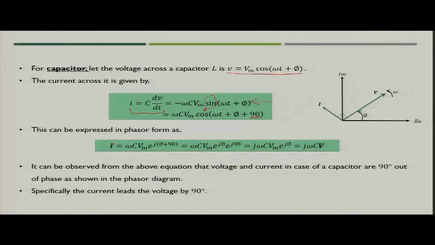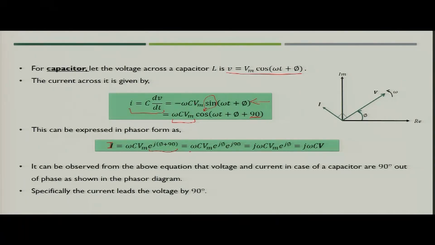Let us say that a phasor for current I is I in bold, and omega C V m is the constant term, then cos omega t plus phi plus 90 can be represented in Euler form as e to the power j phi plus 90.